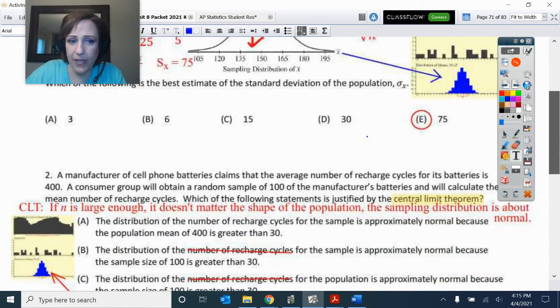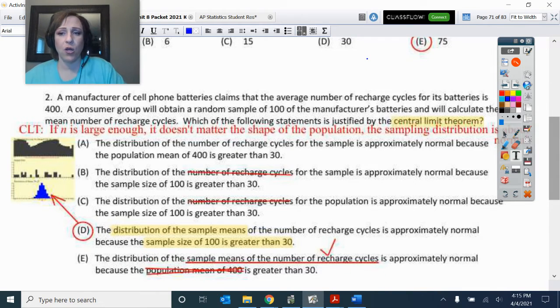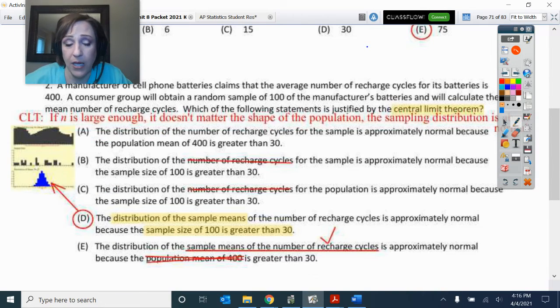So then here we have this next one, which also we are talking about what is this saying about the central limit theorem. So by definition, the central limit theorem says if n is large enough, then it does not matter the shape of the population, the sampling distribution will be approximately normal. Okay?